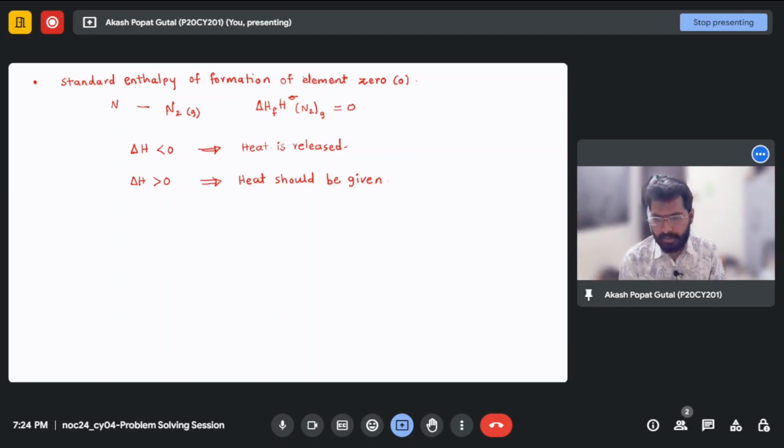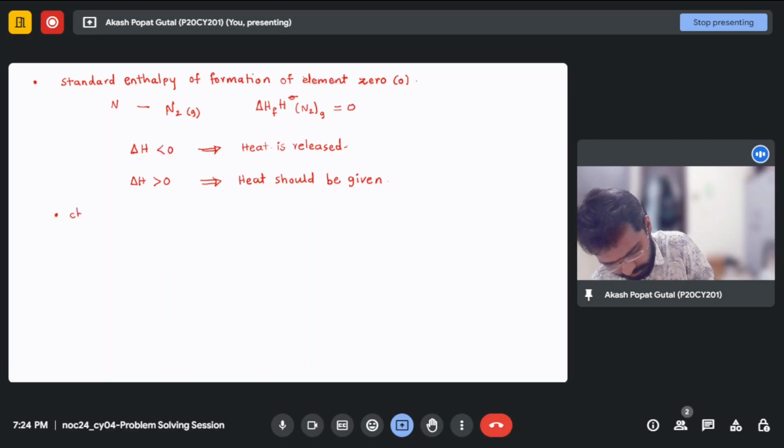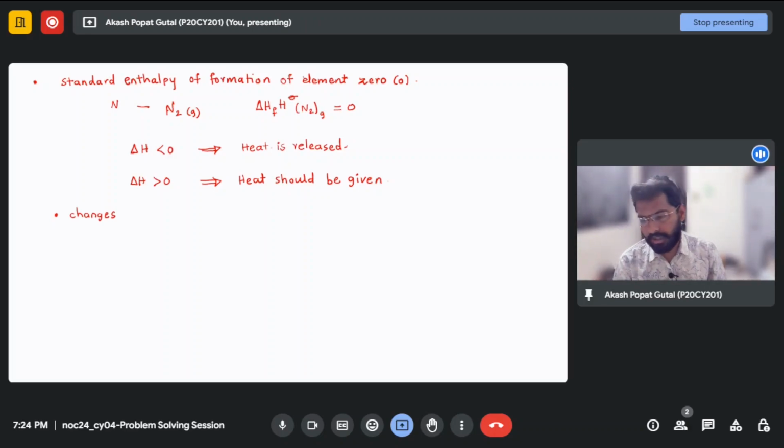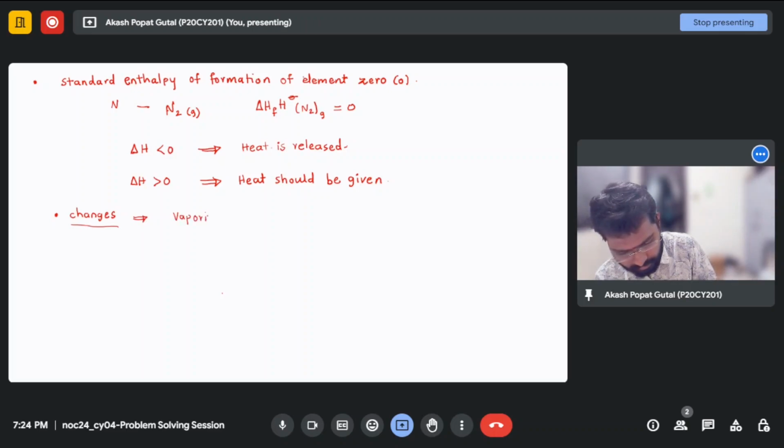So we can define the different changes in a given chemical compound, and for every change we can define its enthalpy change, such as vaporization or fusion or sublimation.